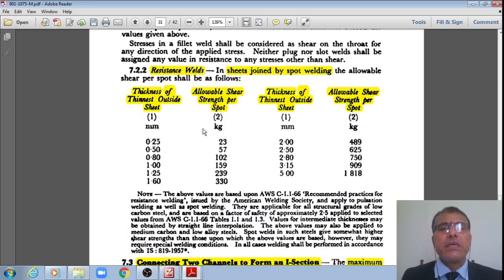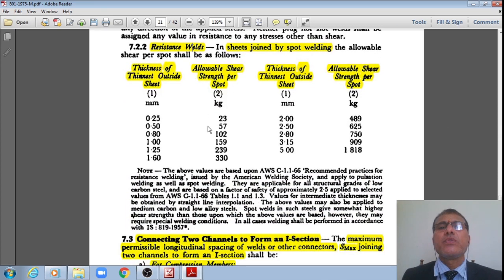Then next, if resistance welds are used, in sheets joined by spot welding, generally joined by resistance welds, then for the thickness of the thinnest outside sheet, let us say 0.25 mm, the allowable shear strength per spot is equal to 23 kg.